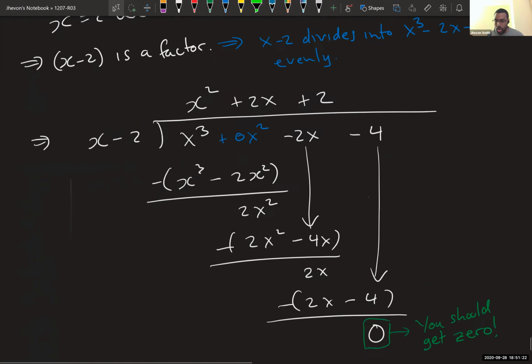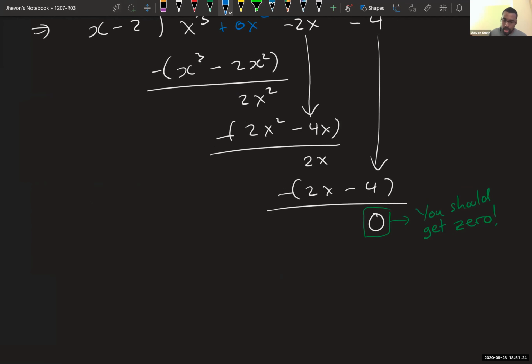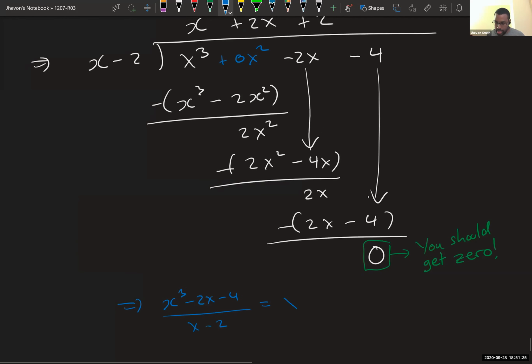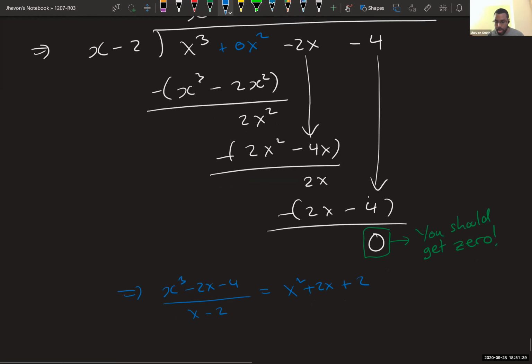Okay, so now what you realize is that if I take the x cubed minus the 2x minus the 4 and I divide it by x minus 2, I get x squared plus 2x plus 2 with 0 remainder.